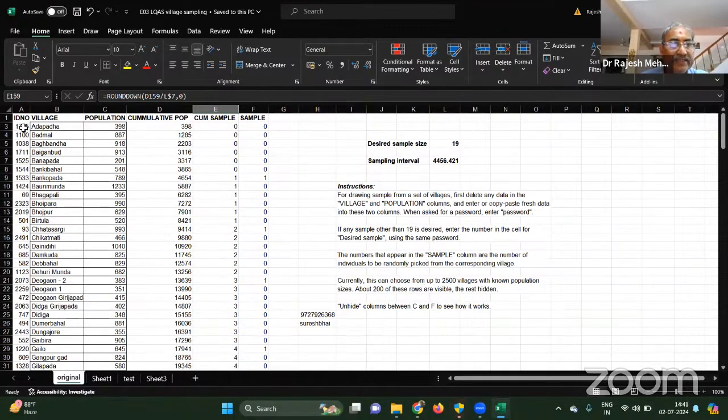Here, this is an ID number, name of the village, population, there's a cumulative population, and there's a cumulative sample. Now, in this case, this table is all ready and given to you.